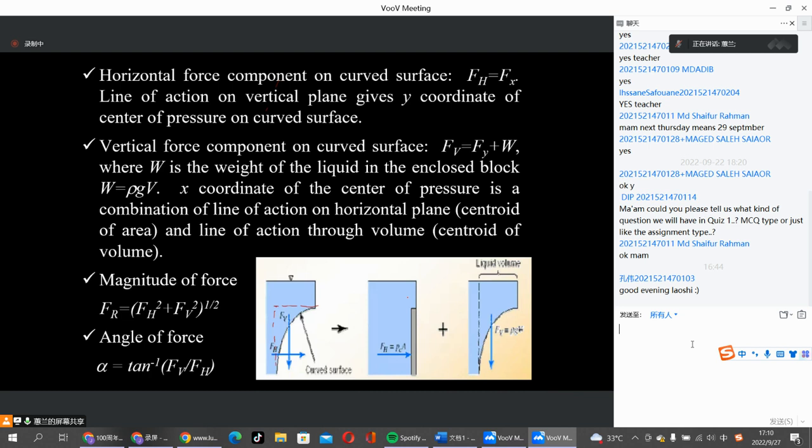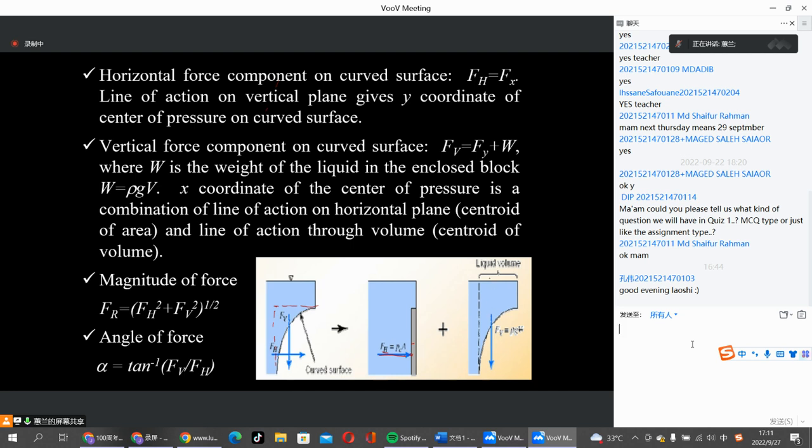The horizontal component is equal to the pressure force on the vertical projection area, which equals the pressure at the centroid of the projected area times the projected area. The center of pressure, or the acting point of the horizontal force, will be called the central pressure. We just found out how to find it using the moment equation.